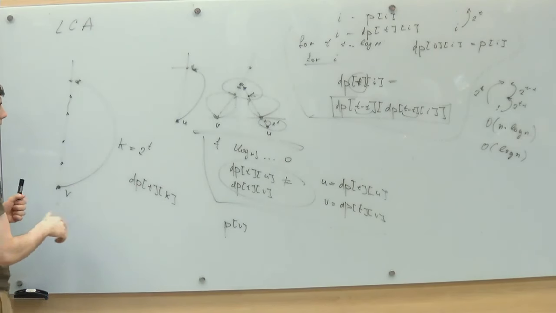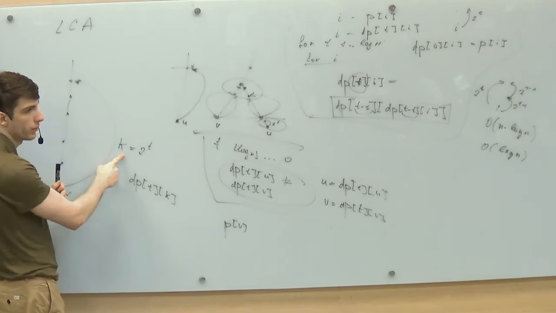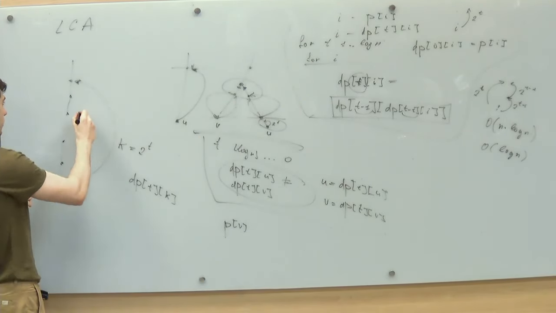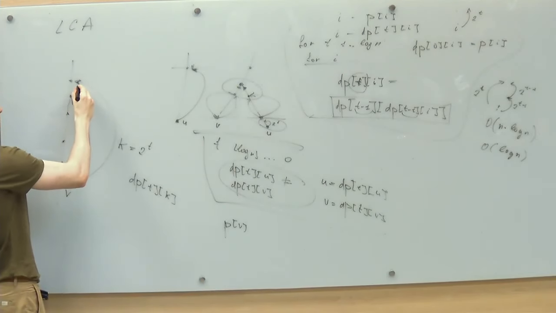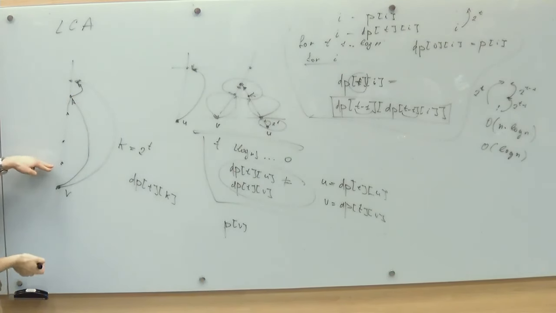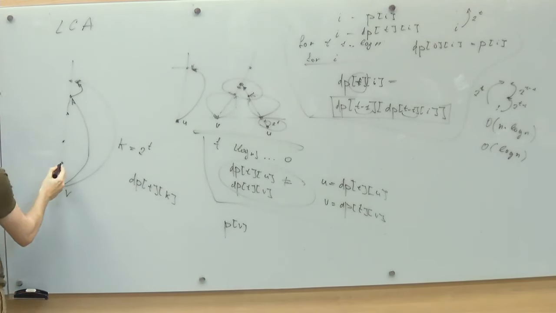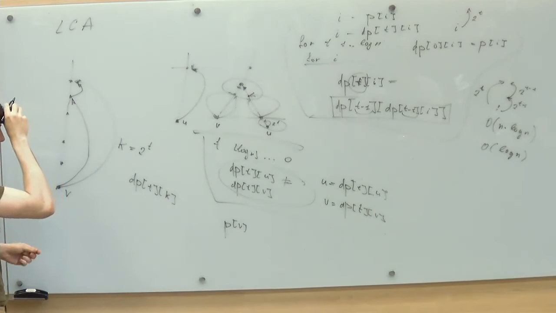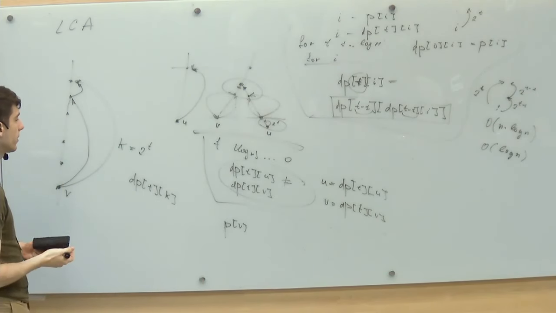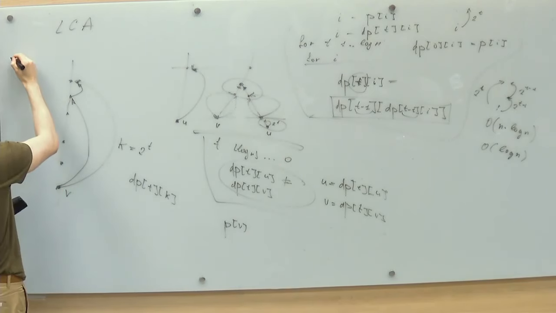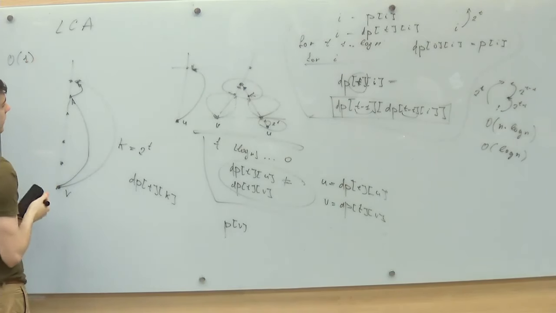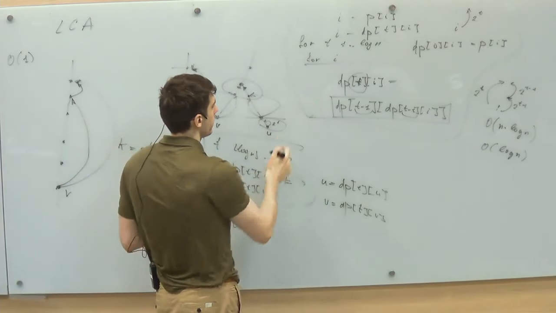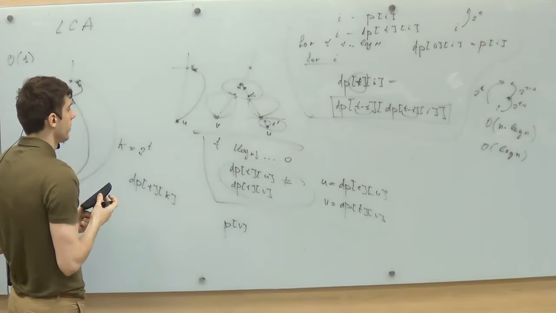And if not, we can still split k into powers of 2 and combine the steps. It might be a somewhat larger number of steps, but it still will be asymptotically log. And now I'll tell you how to do it in constant time. But still, we imagine that we have this preprocessing. Preprocessing will still be n log n.